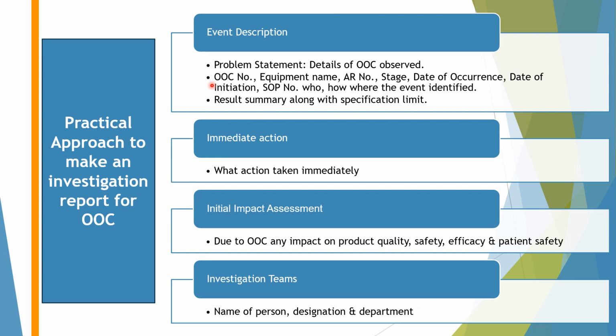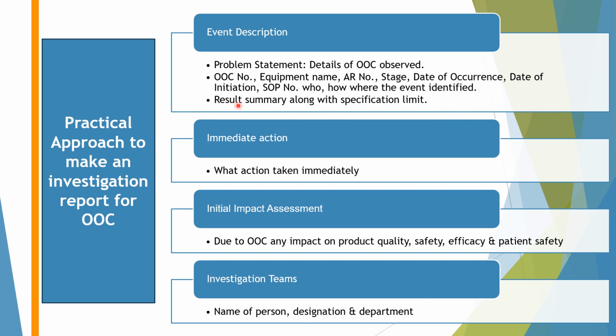Provide the equipment name, AR number, stage, date of occurrence, date of initiation, SOP number, who identified the out of calibration results, how it was identified, and where it was identified. In such a way you need to describe the event description, right?